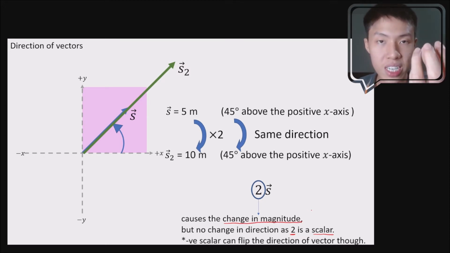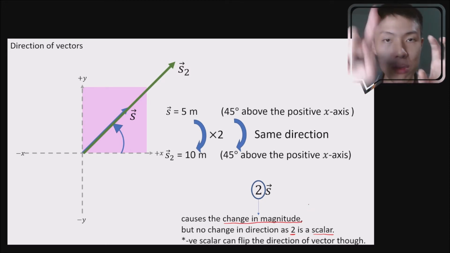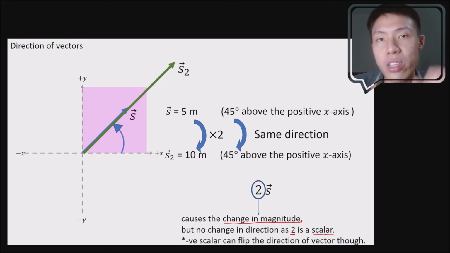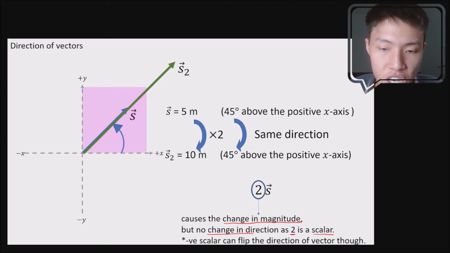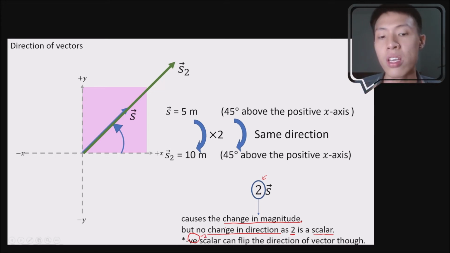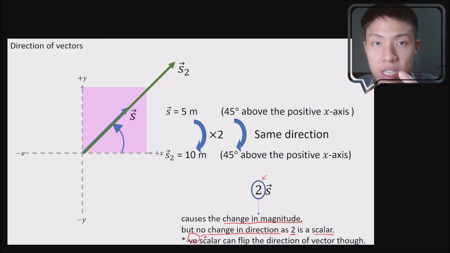Okay, 2 is a scalar, right? So the number 2 here has no direction element in it. So it can only cause a change of magnitude, but it can't cause a change in direction. Okay, but there is an exception actually. If this value here happens to be a negative value like -2, let's say, then that scalar will flip the direction of the vector.